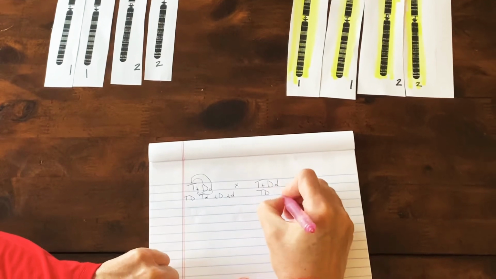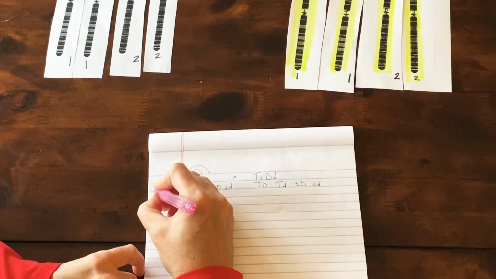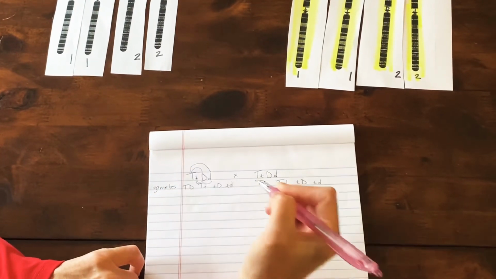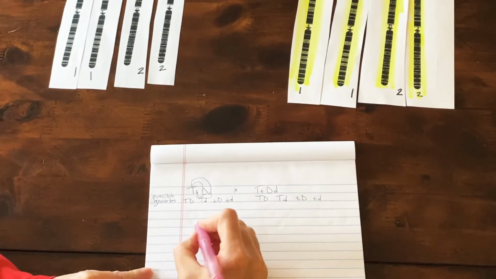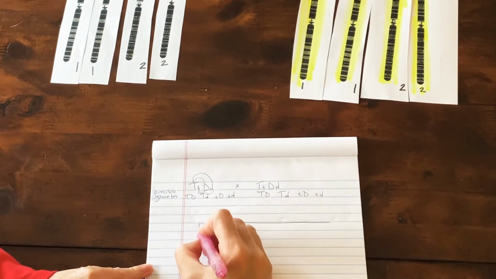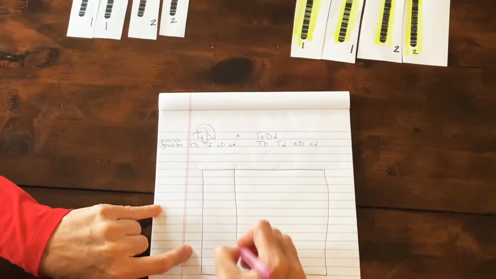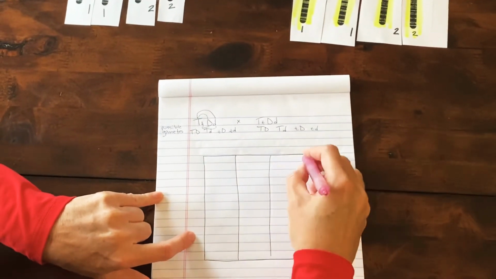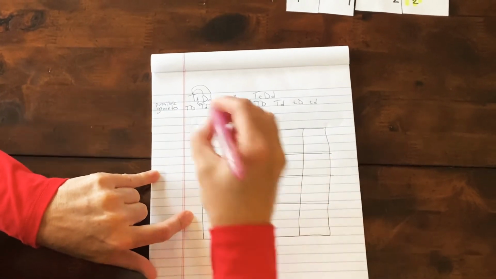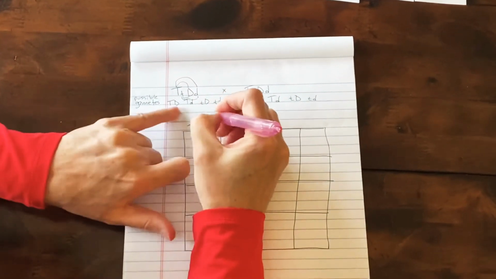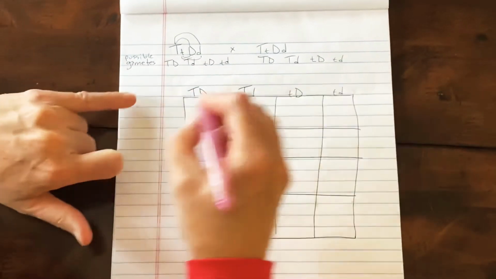So we'll fast forward this. Those are the possible gametes. Now for the Punnett square, you have 4 of the possibilities on the top and 4 on the side. So you put the big T, big D, big T, little d, little t, big D, little t, little d.